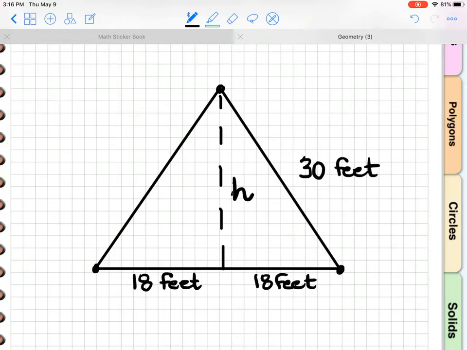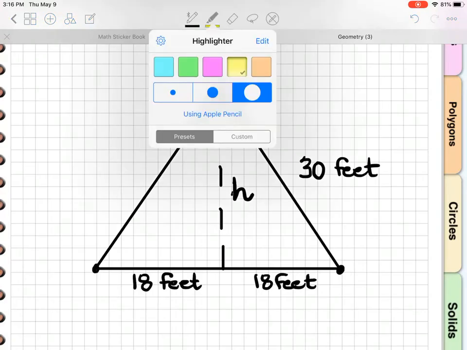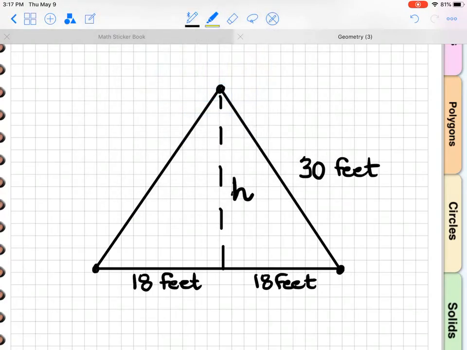I know if this line is 30 feet in this model, that this one would also be 30 feet. I can look at those and tell that they are congruent, so you can fill that in.